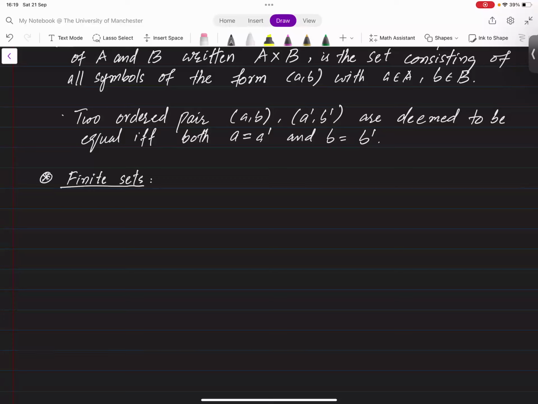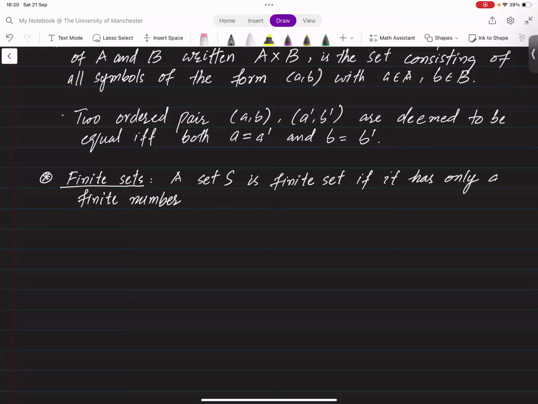So we say that a set S is a finite set if it has only a finite number of elements.